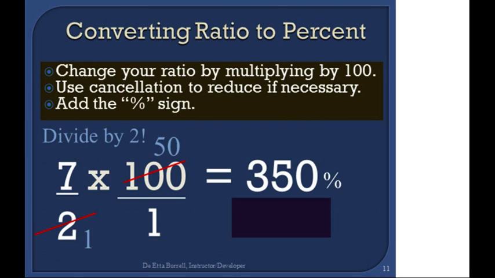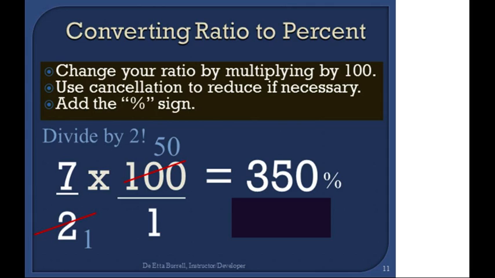I'm going to just make it the whole number of 350, but I need to put a percent because I'm making that ratio in fractional form a percent. So you must have a percent sign at the end of this since you're making it a percent. Any questions on making a ratio in fractional form a percent?